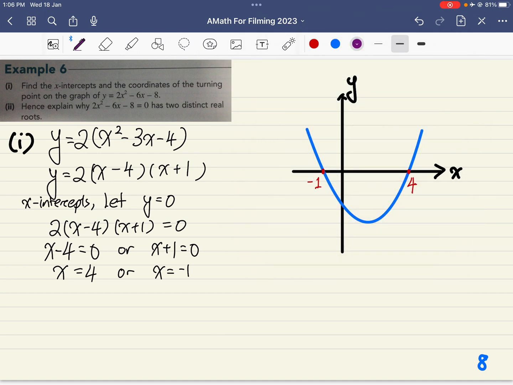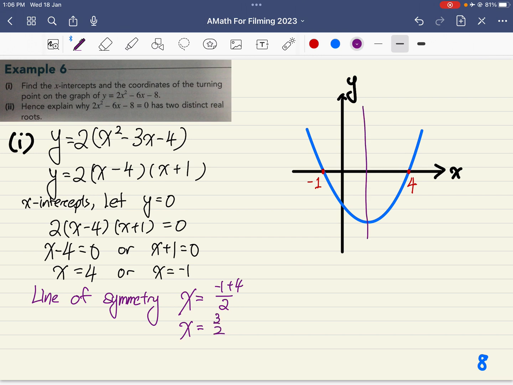Let me use purple. To find my line of symmetry, x is equal to negative 1 plus 4, divided by 2. My x value here is 3 over 2.